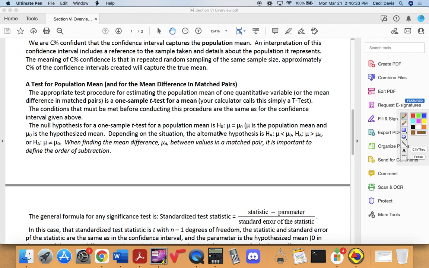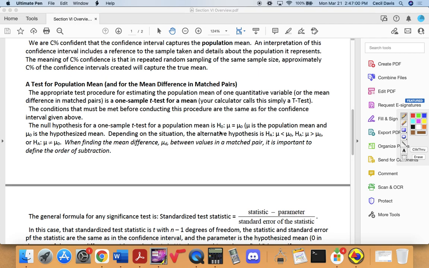That's what it means to be 95% confident: that 95% of the confidence intervals that you would create from a sample of that size from this population, about 95% of them would capture the true mean. All right, the test for a mean is called a one-sample t-test for a mean. Your calculator just calls it a t-test. It's the same conditions.